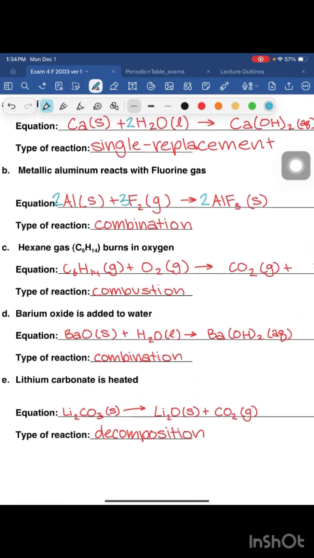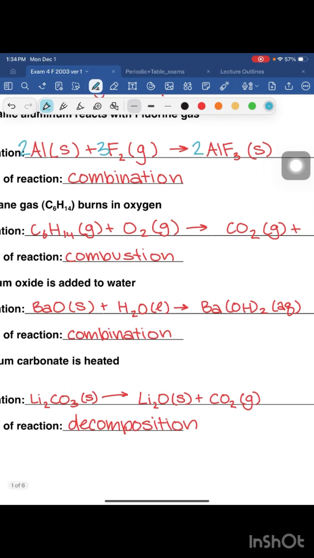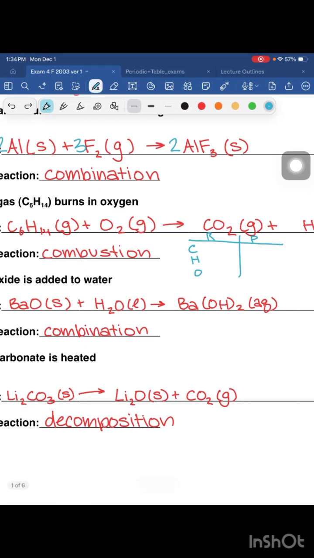For our third one, we have the combustion reaction, which is unfortunately one of the more difficult ones to do. So I always do CHO for these. We're going to have our reactants and our products. I have 6, 14, and 2.